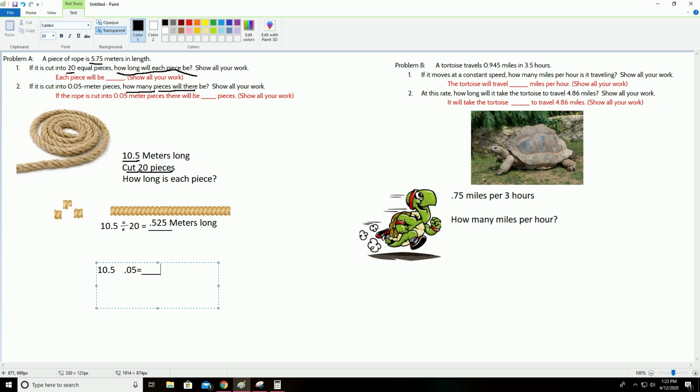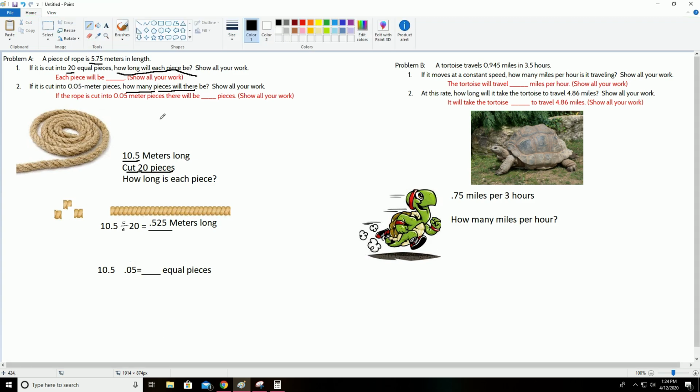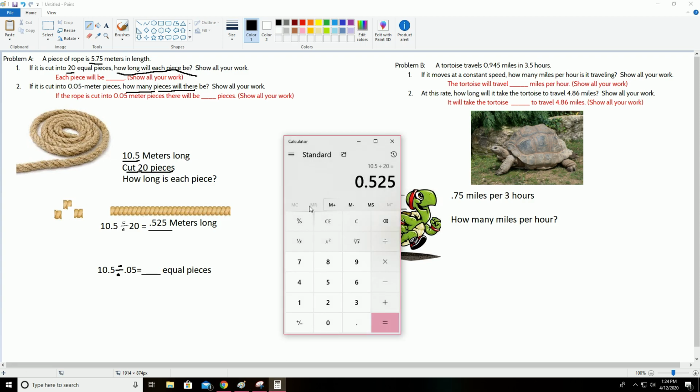So my answer is going to represent how many equal pieces I can make. All right, let me draw my division symbol in here. Okay, there we go.